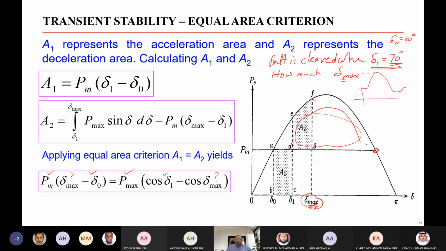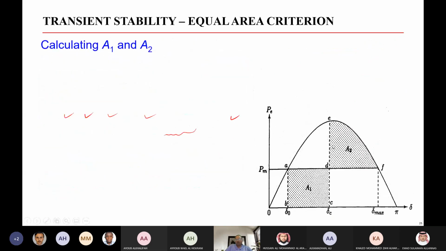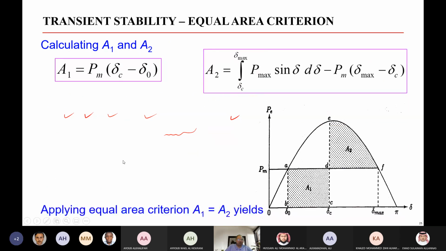Delta max definitely will be somewhere below this angle, below 180 minus delta 0. So this is the maximum oscillation. But if we ask about the critical clearing time or critical clearing angle, we are utilizing the whole deceleration area. So this is one case. If we ask about the maximum angle when the fault is cleared at a certain angle or a certain time, then you can get delta max. But when we ask about the critical clearing time, we utilize all the deceleration area that we have. Okay?